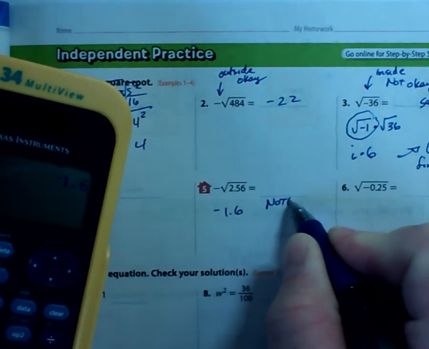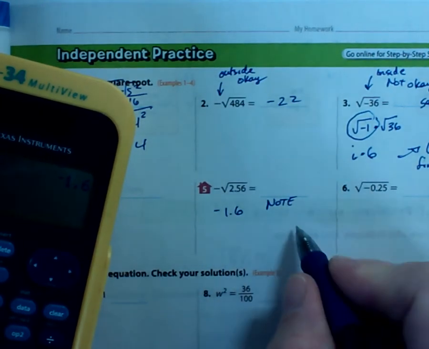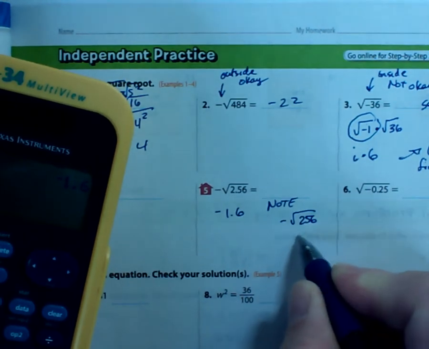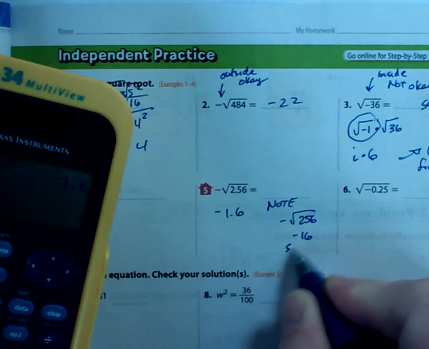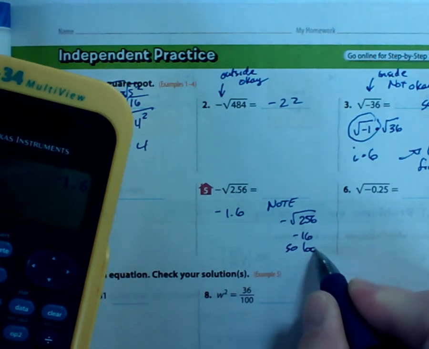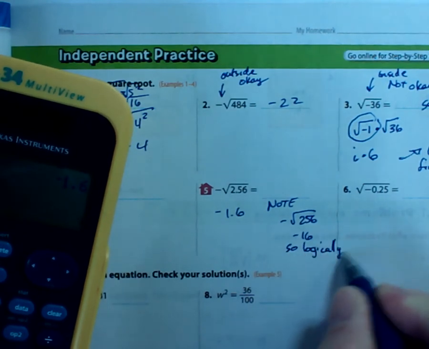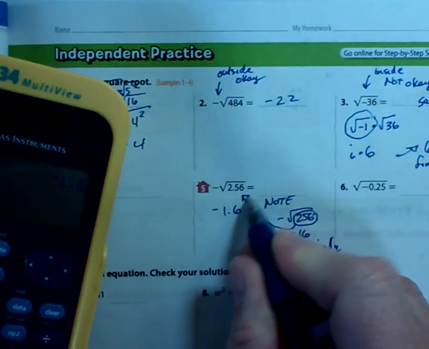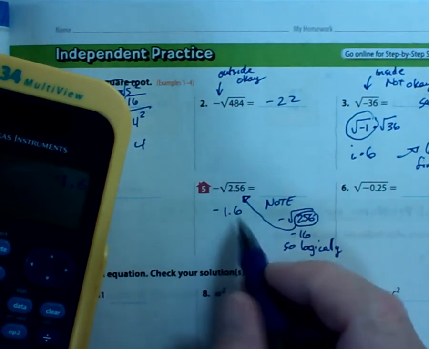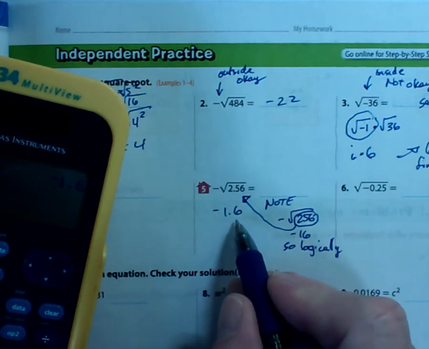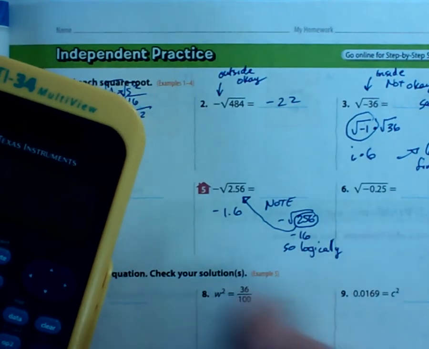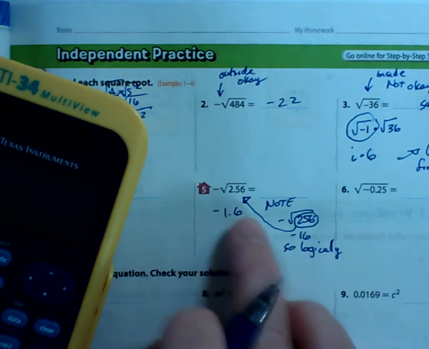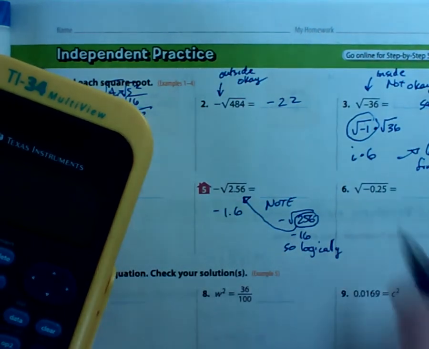Note that you could apply this idea that the negative square root of 256 is negative 16. So logically, you could have looked at this number being 2 decimal places off. When you take the square root, you move it 1 decimal place, because negative 1.6 times negative 1.6 is 2.56.